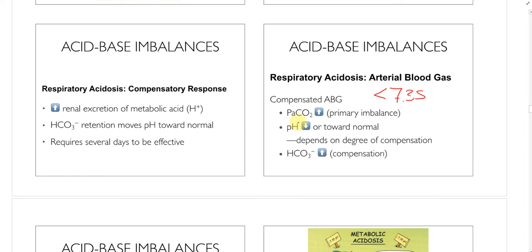And then back onto this. I'm going to recap because I went on a tangent there. We're going to see CO2 is going to be up because we have not yet fixed the respiratory problem. pH is going to be low or around normal on the lower end, depending on how much compensation has been achieved. Bicarbonate is going to be up.